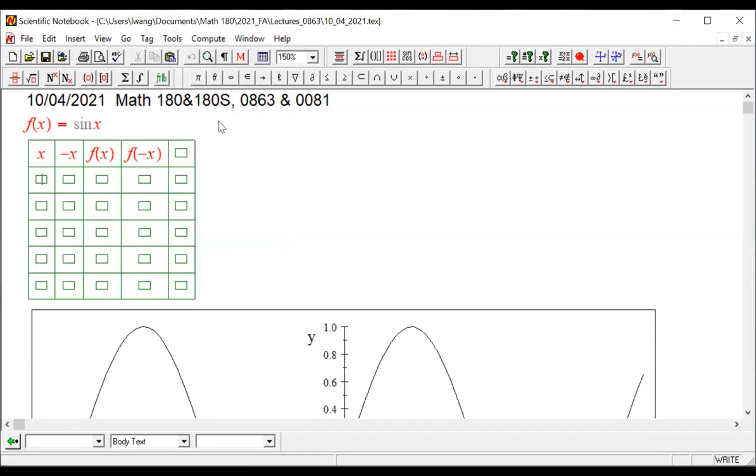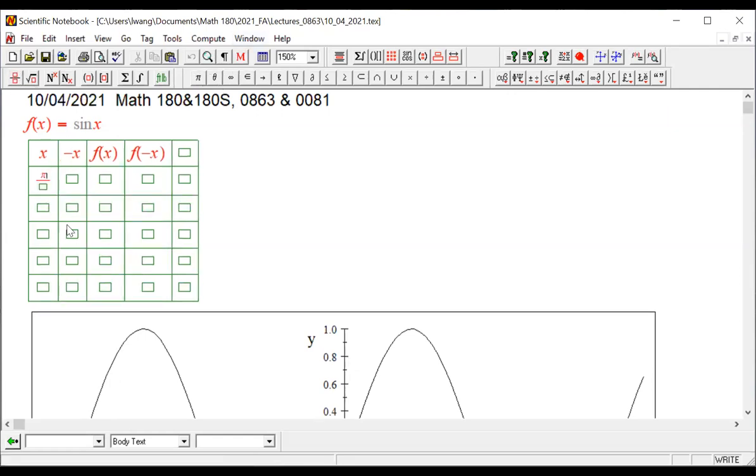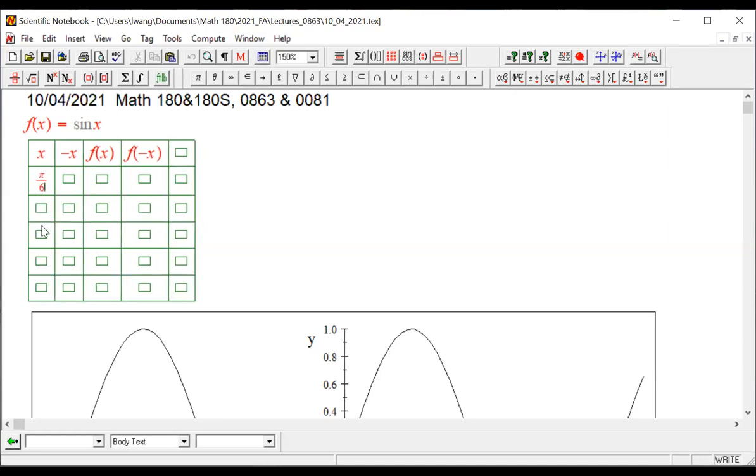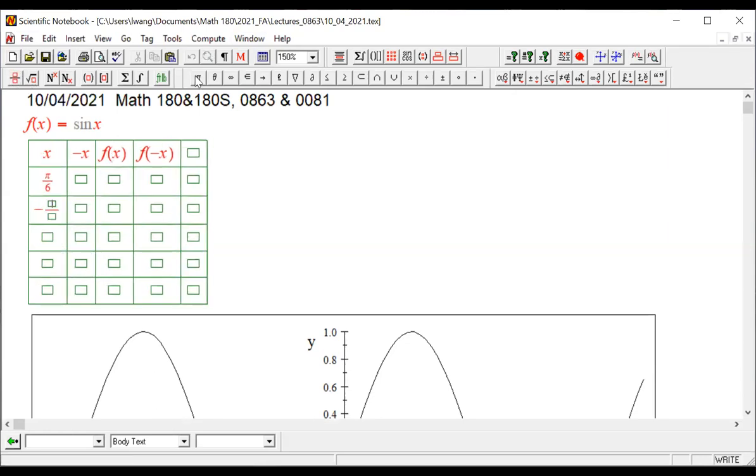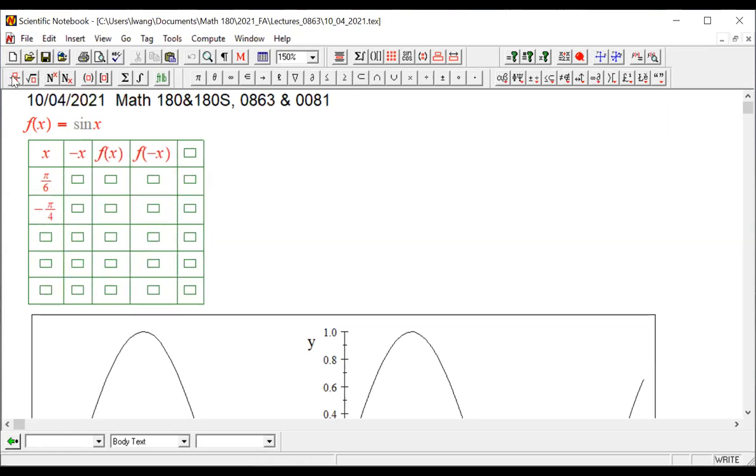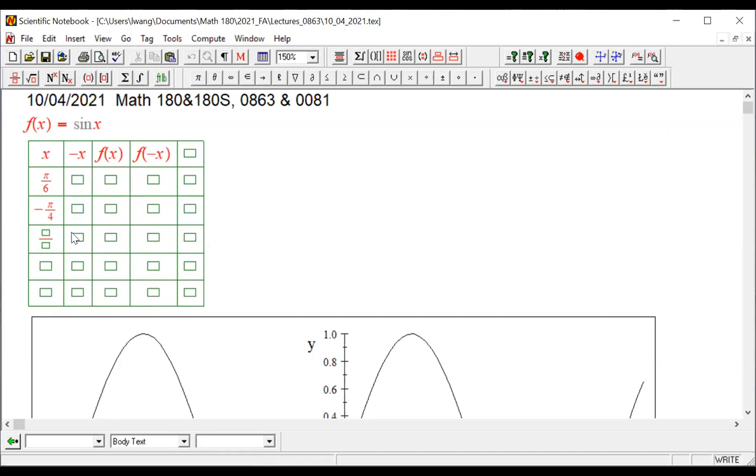So I'm going to give you some values. The first one I'm giving you is pi over 6. The next one is negative pi over 4. The third one is pi over 3.